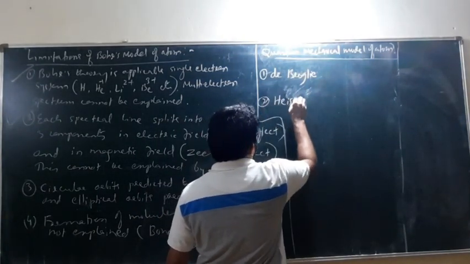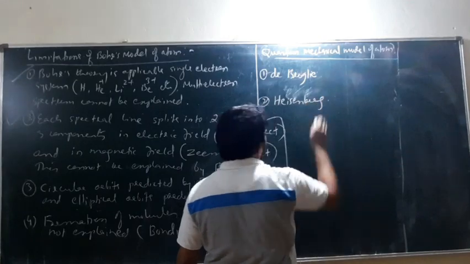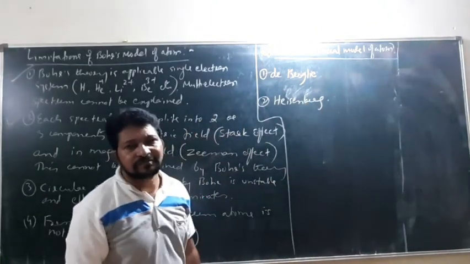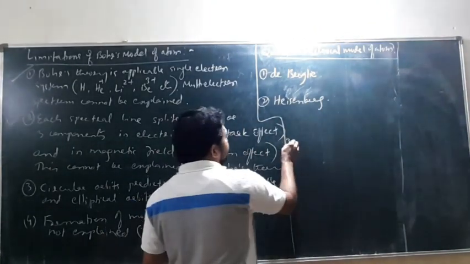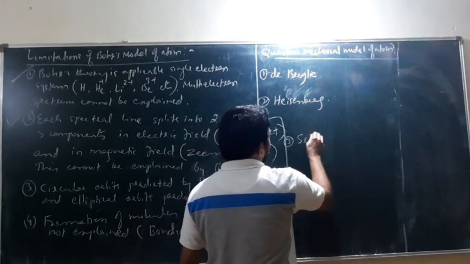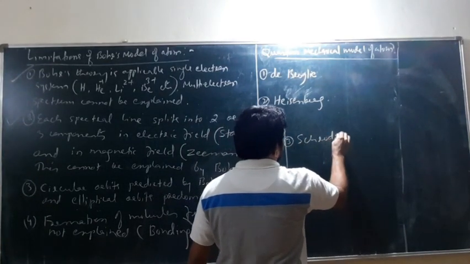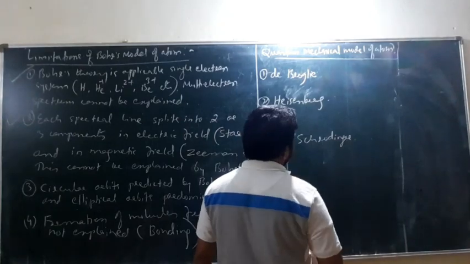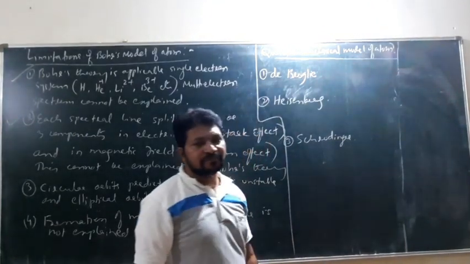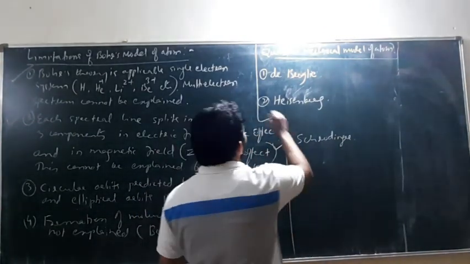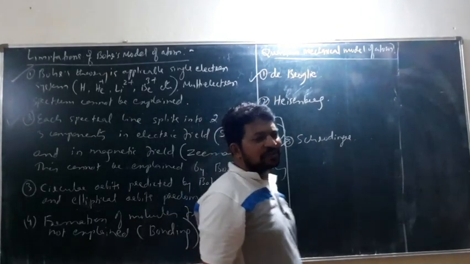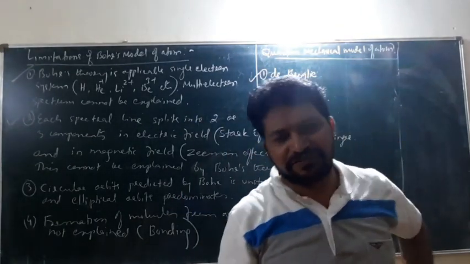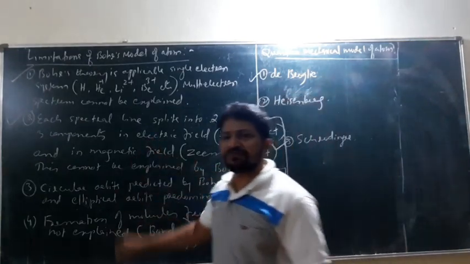Heisenberg is another important personality. And one more very important person is Schrödinger. These 3 people gave a lot of contribution in the later part after Niels Bohr.